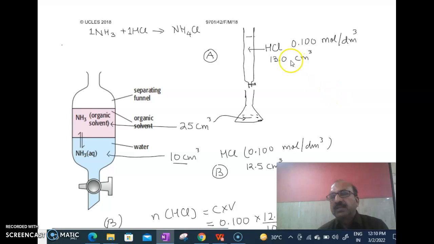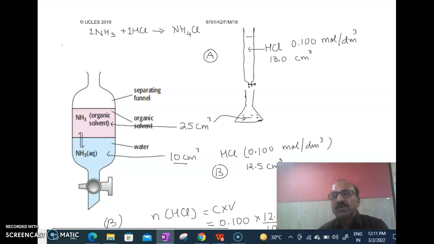The concentration of hydrochloric acid is 0.100 mole per dm cube, and we require 13 cm cube of the hydrochloric acid for the complete titration of this sample. With this data, we can work out the number of moles of the hydrochloric acid as well as the number of moles of ammonia, as they react in the ratio of 1:1.